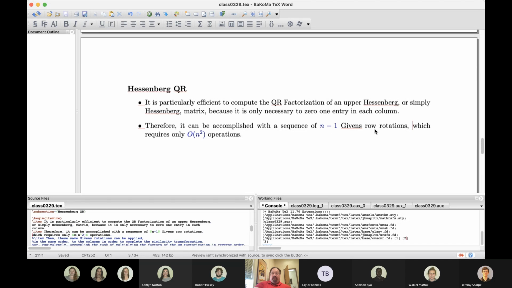Each one of these affects 2 rows, so order n operations each. So the total will be order n squared operations. So it saves an order of magnitude of work to go to the trouble of reducing A to Hessenberg form at the start, and then during each iteration where you need to compute a QR factorization, you're doing a whole lot less work.